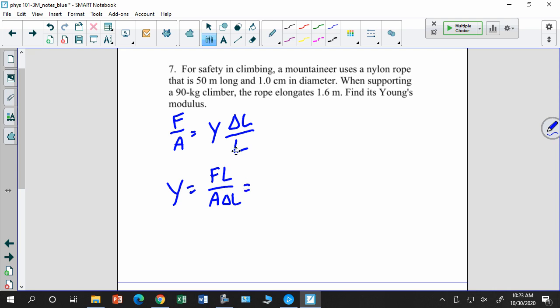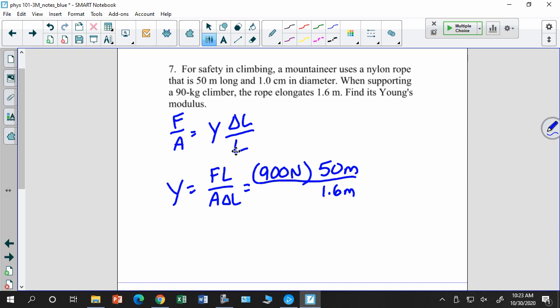This is a rope that's holding up a climber who has a weight of 900 newtons. The length of the rope is 50 meters. The rope elongates by 1.6 meters, so it stretches that long.